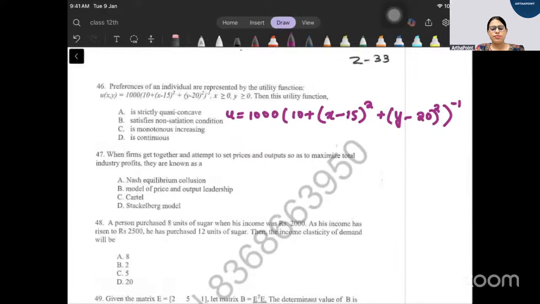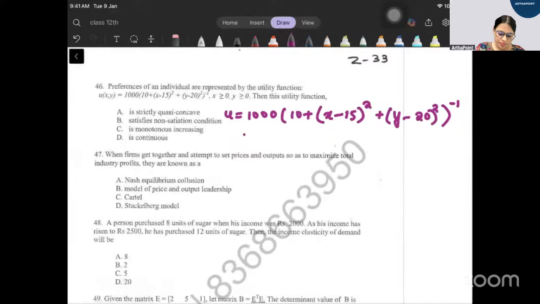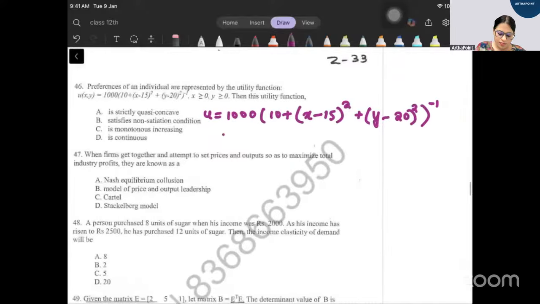Yes. So let's see this. 1000, 10 plus x minus 15 whole square. So it is to the power minus 1 now.